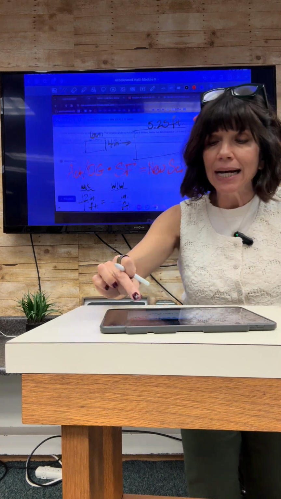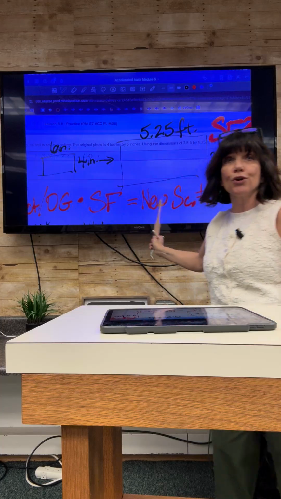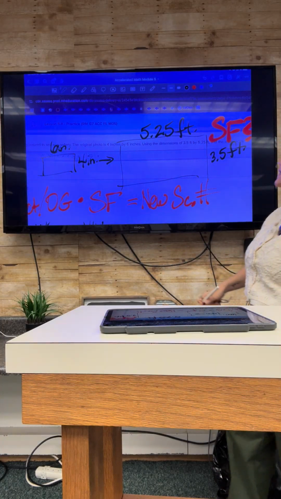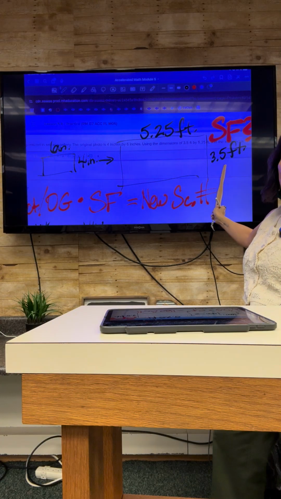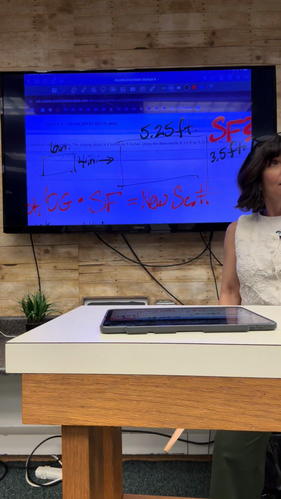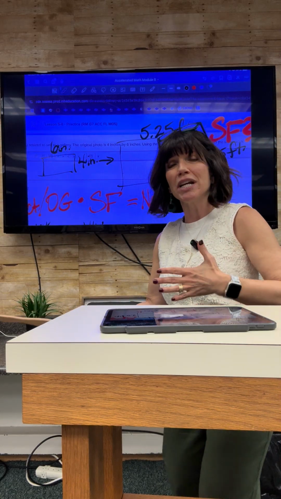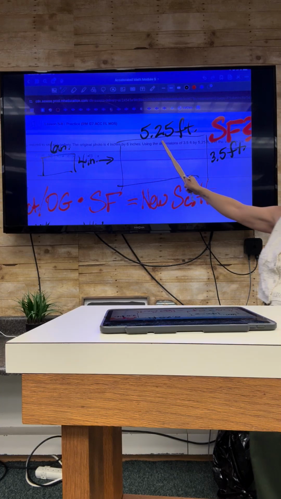Now guys, again, am I going to use all 4 measurements, yes or no? No. Once I pick which number of feet I would rather use, won't I also pick the coordinating number of inches? Yes. Let me just guide you here. Which number of feet will be easier to work with? 3.5 or 5.25?